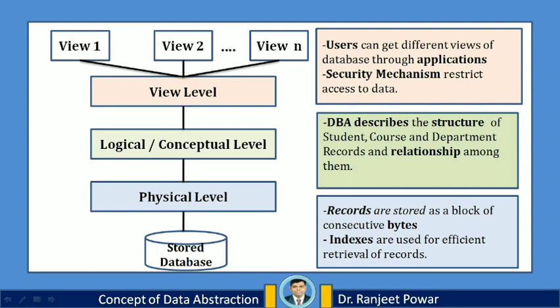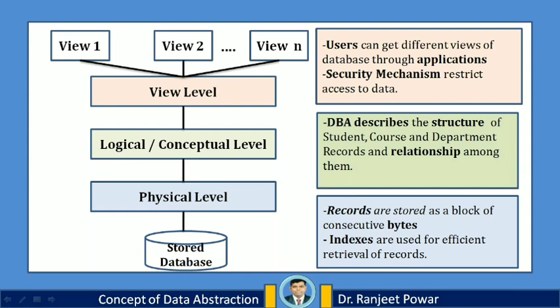In addition to hiding details of a logical and physical level of a database, the views also provide a security mechanism to prevent users from accessing certain parts of a database. For example, clerks in the register office can see only that part of database that has information about the student.